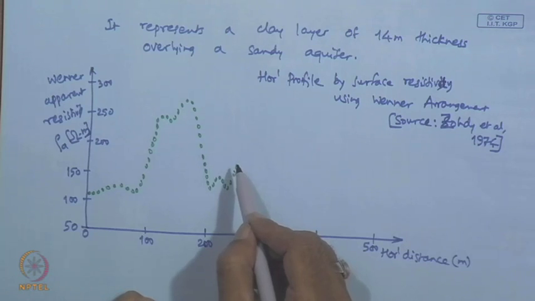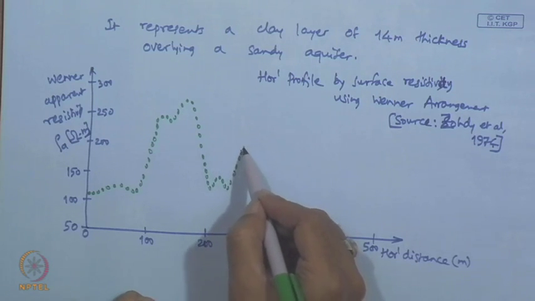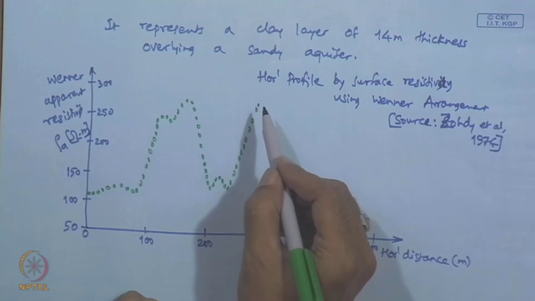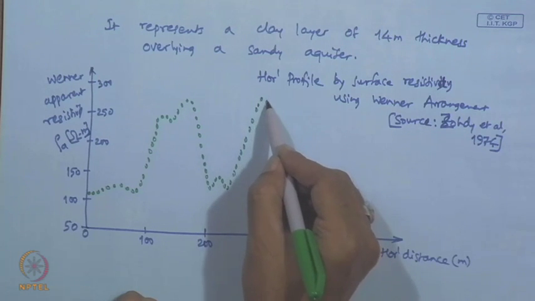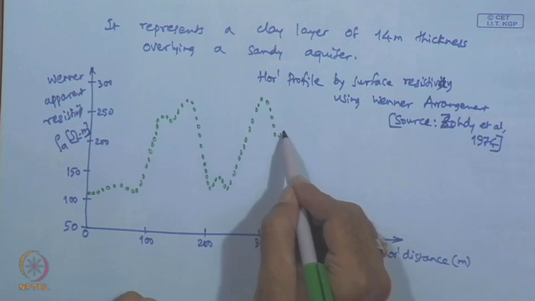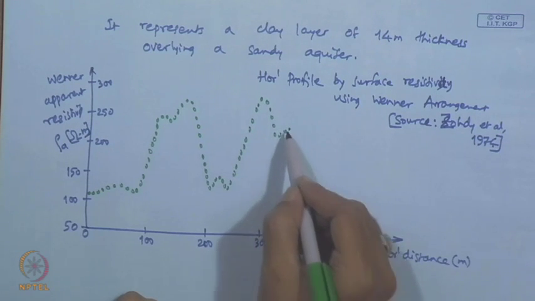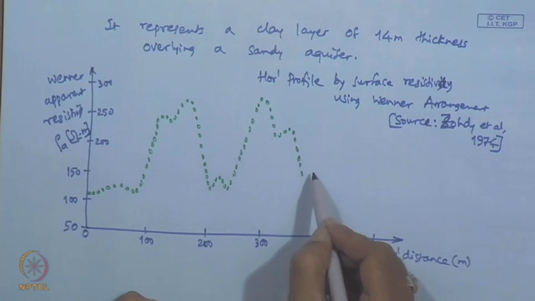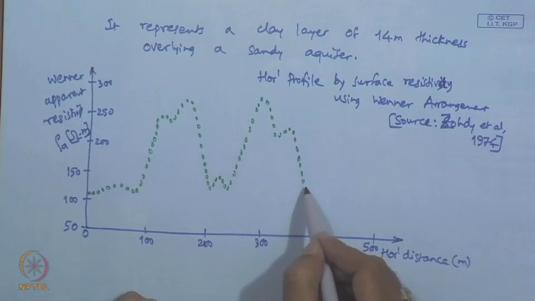Then again, when there is gravel, the resistivity goes up again above 200. Based on the resistivity measurements, we can interpret the formation.